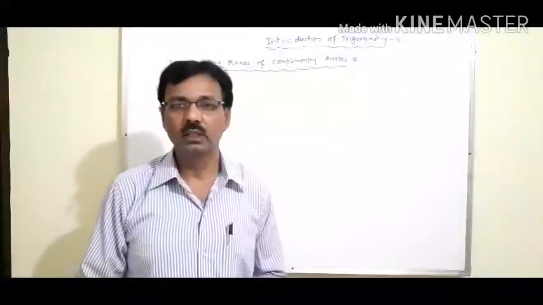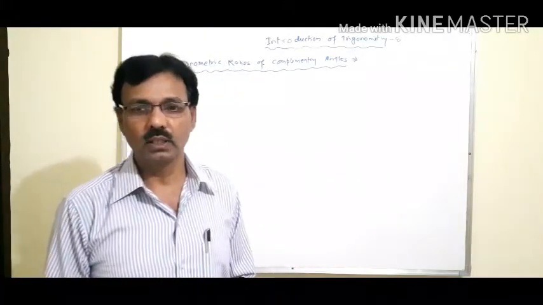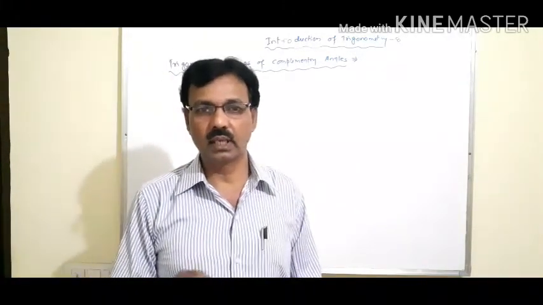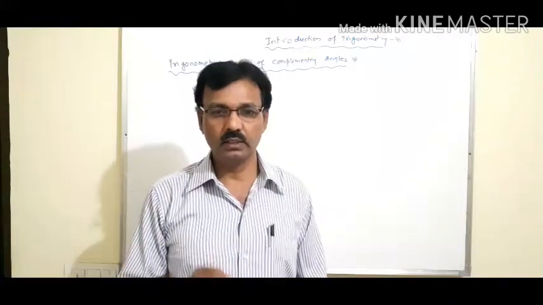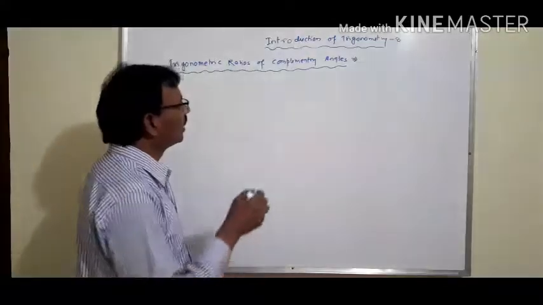Complementary means if the sum of two angles is equal to a right angle, that means 90 degrees, then each angle is known as a complementary angle.